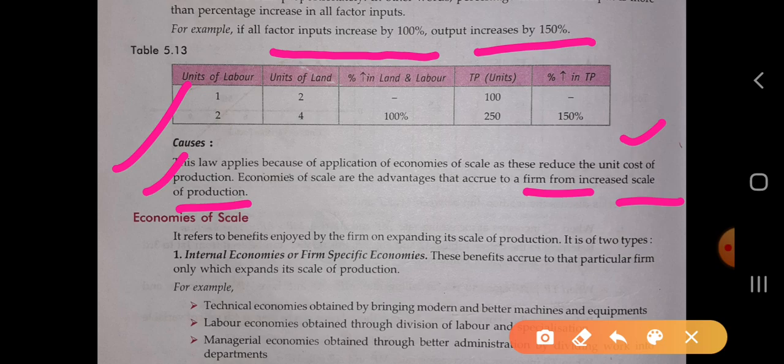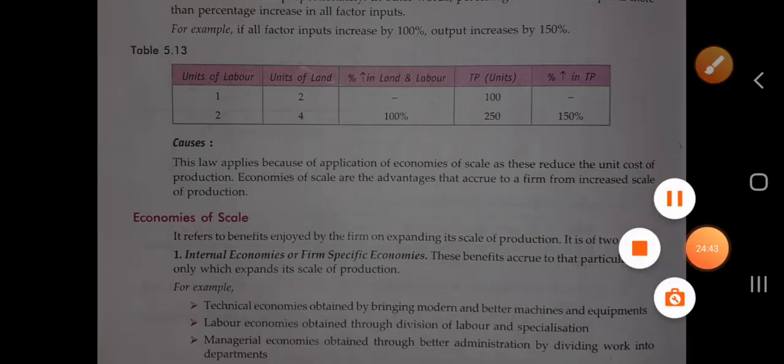So it is also the case of increasing returns to scale, because when any producer or firm hires some units or increases some inputs so that the output is more than the input, it is called increasing returns to scale.